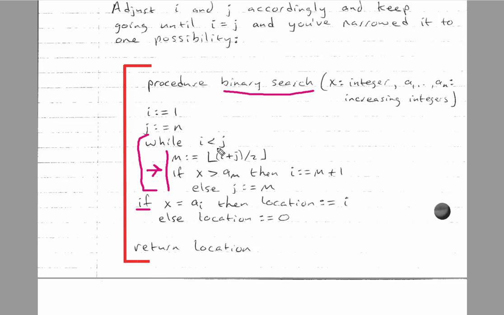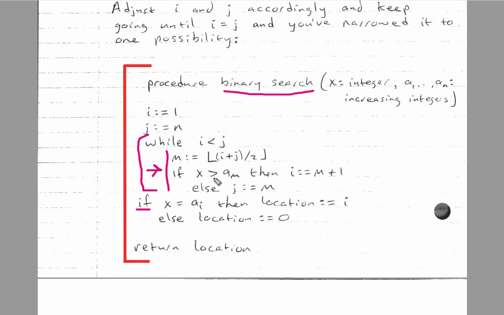Here's the condition that has to stay true to stay in the loop. i has to be strictly less than j. If i is equal to j, then you've narrowed the search down to one number. But if i is less than j, then let m be this middle number between i and j.